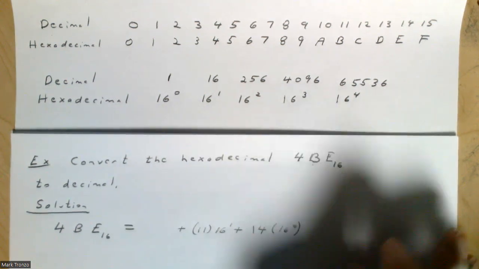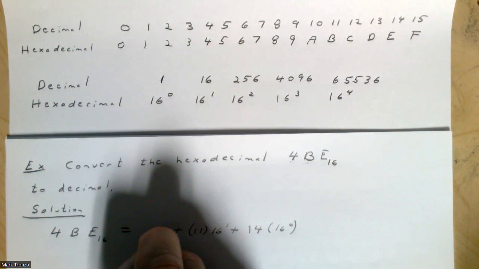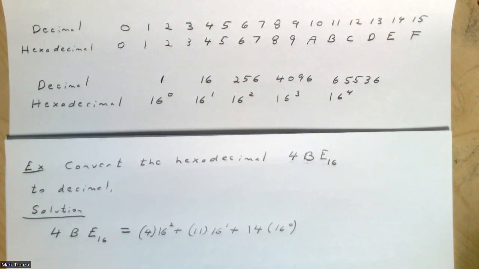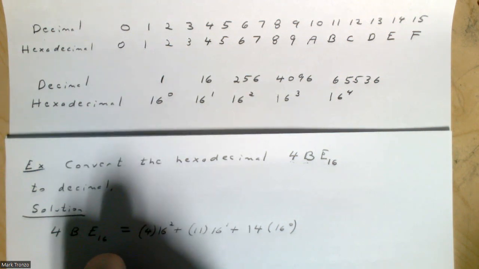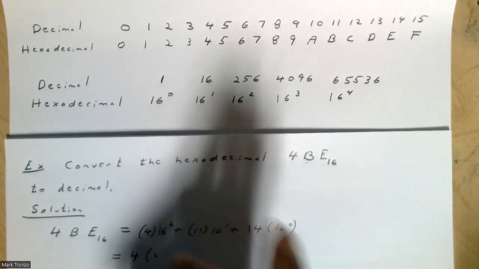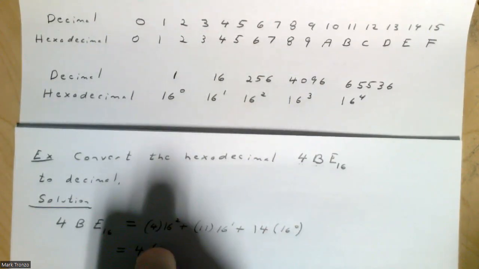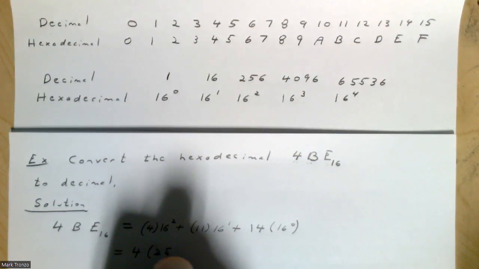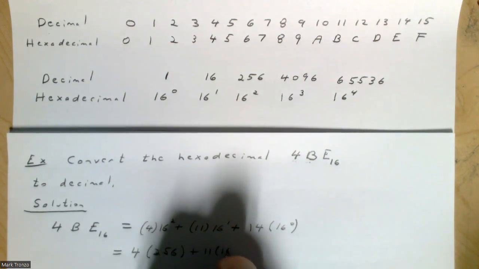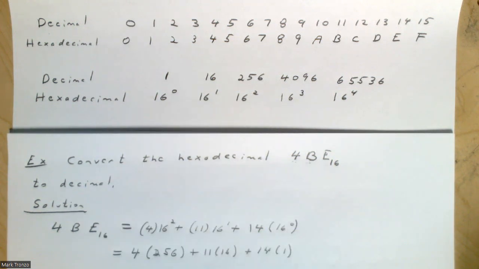And then finally, the last one is 4, and that's in this 16 squared. Like this. So let's give 4 times 256 plus 11 times 16 plus 14 times 1.